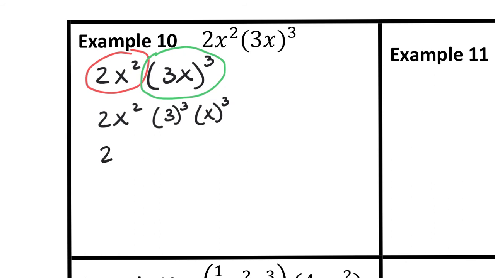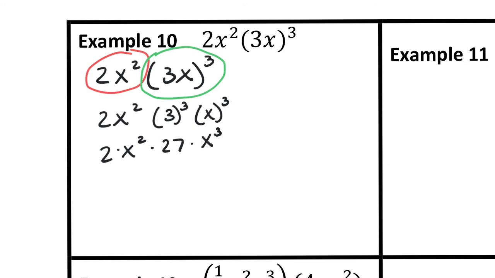So again, I'm going to bring down the 2x squared times, what's 3 times 3 times 3? It's 27. And then x to the power of 3 is x to the 3rd.